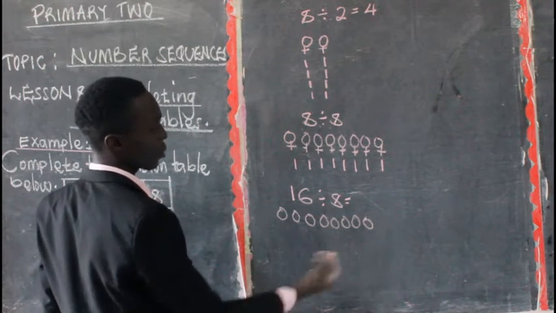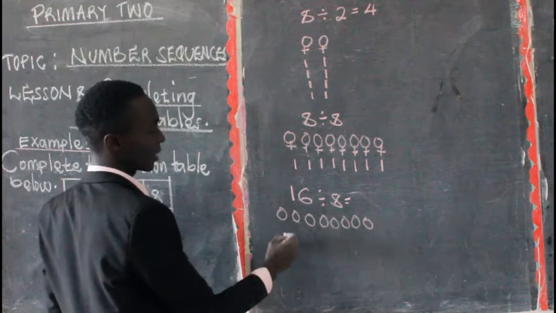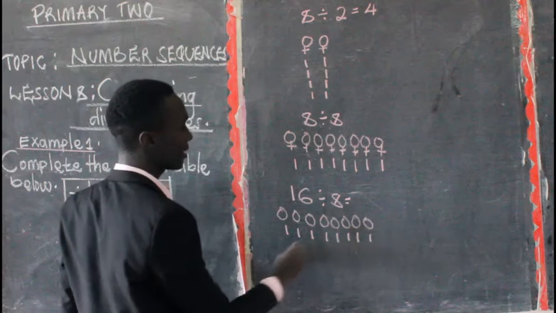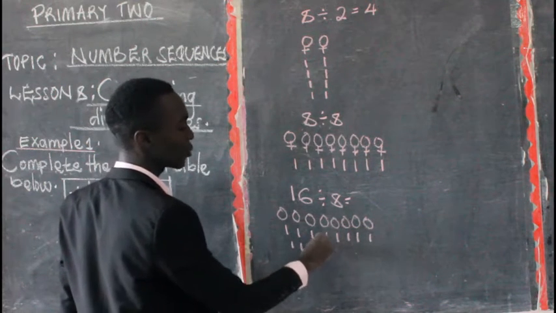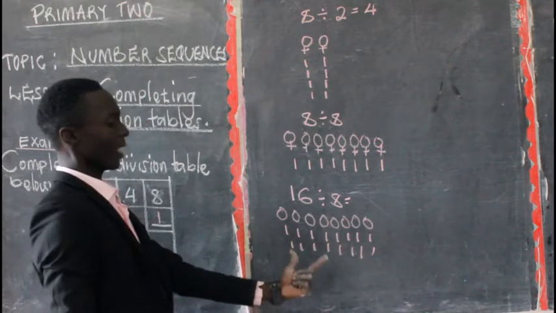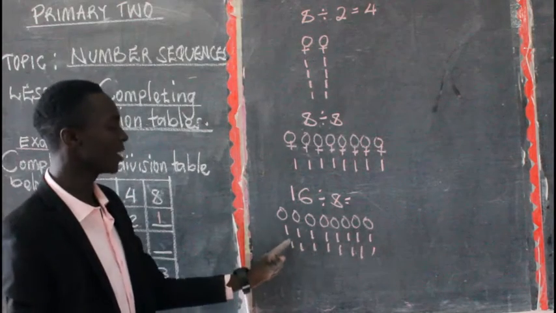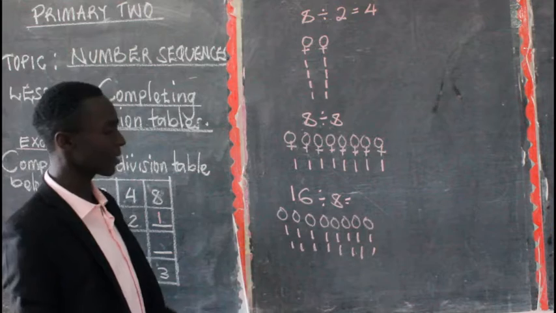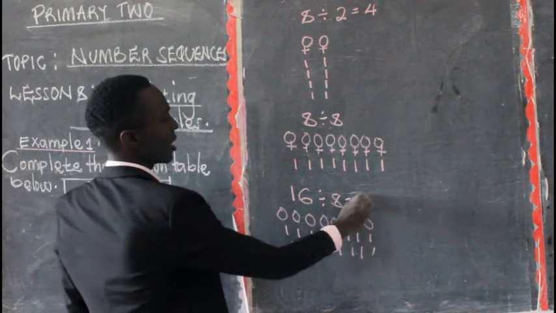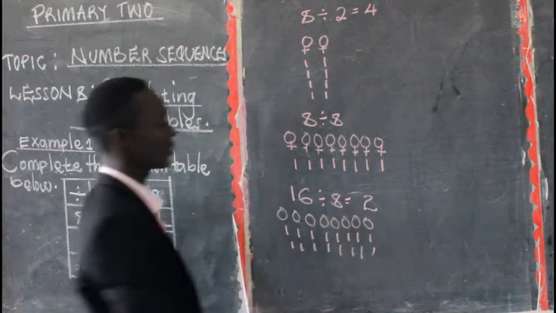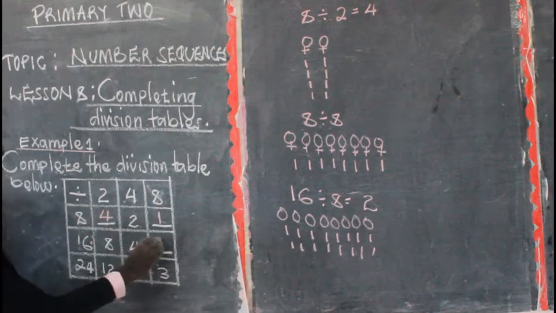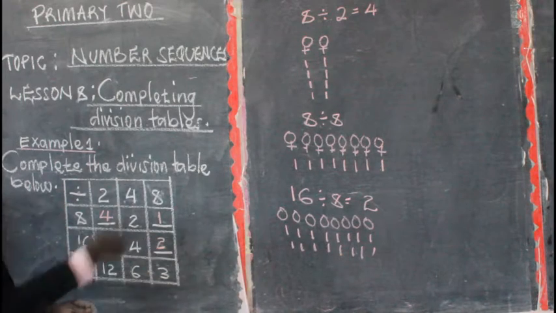You assume those are children, and we divide among 16. 1, 2, 3, 4, 5, 6, 7, 8, 9, 10, 11, 12, 13, 14, 15, 16. So each gets how many? Each one gets 1, 2. So you say the answer is 2. 16 divided by 8, you get 2 as your answer.